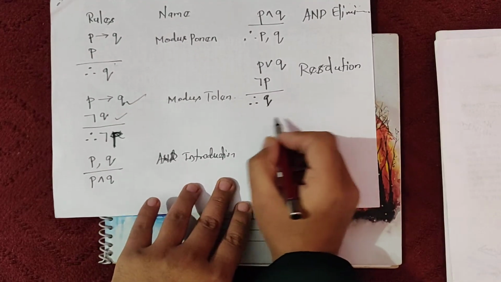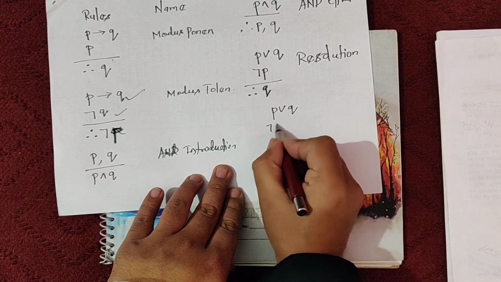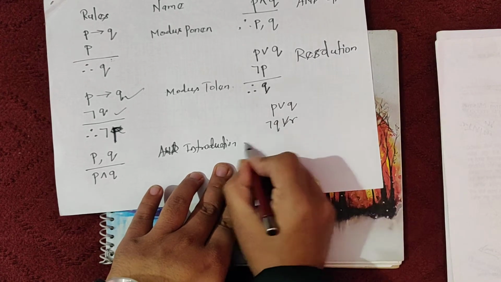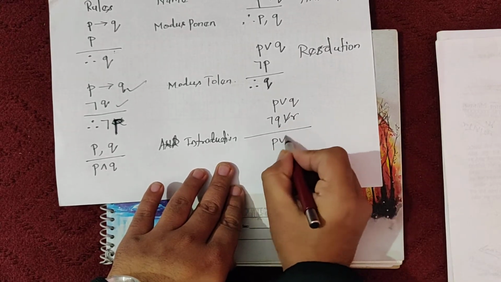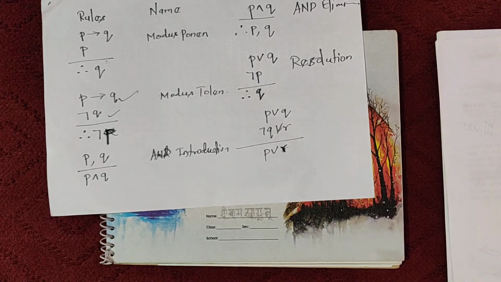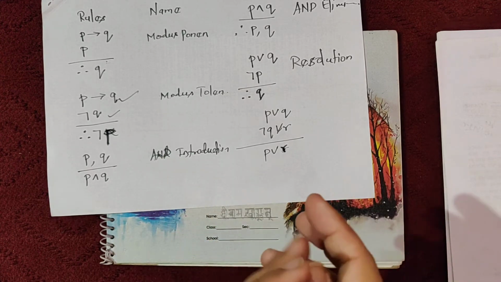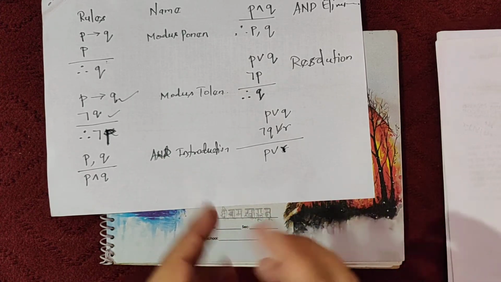Sometimes resolution can be P or Q and not Q or R, which gives P or R. So this is also resolution. These are the rules which we use in proving techniques.